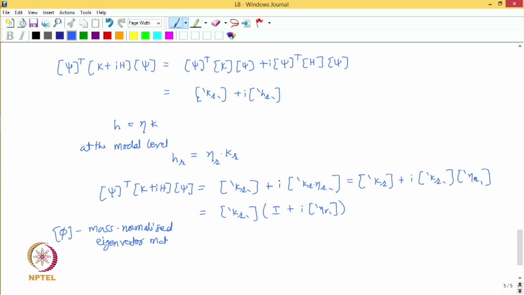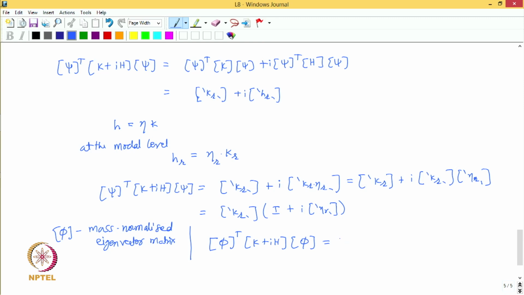Now let us write down this relationship using the mass normalized eigenvectors. We can write this as phi transpose (K plus iH) phi. The modal stiffness of the corresponding undamped model would be nothing but the diagonal matrix of natural frequencies squared, that is, the eigenvalues of the undamped model.